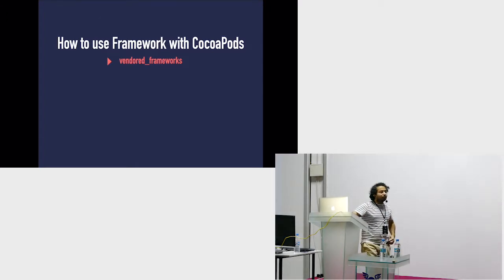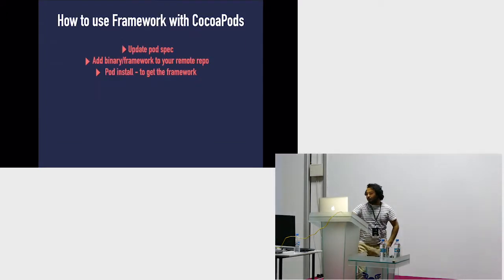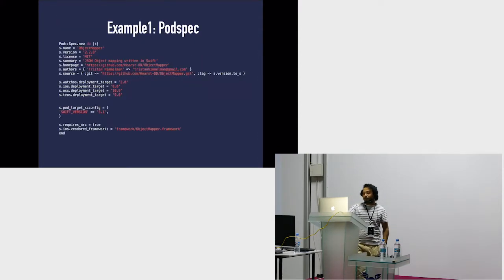Okay. So how to do that in CocoaPods? There's something called vendored frameworks. What you need to do is just update your podspec, and you have to add a binary to your remote repo, and then the developer needs to do pod install. So the podspec looks like this.